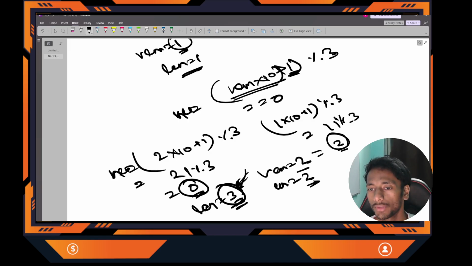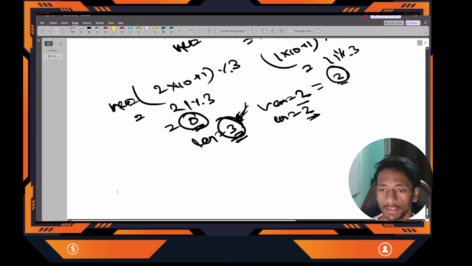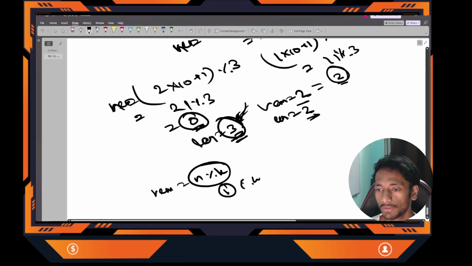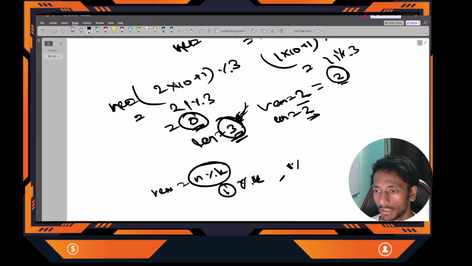Ultimately, if you check the remainder only, remainder means whatever the number n modulo k. So we start from the smallest number 1, then store 1 modulo k, next whatever the remainder is for 11 modulo k. In this way I will try to do 111 modulo k.